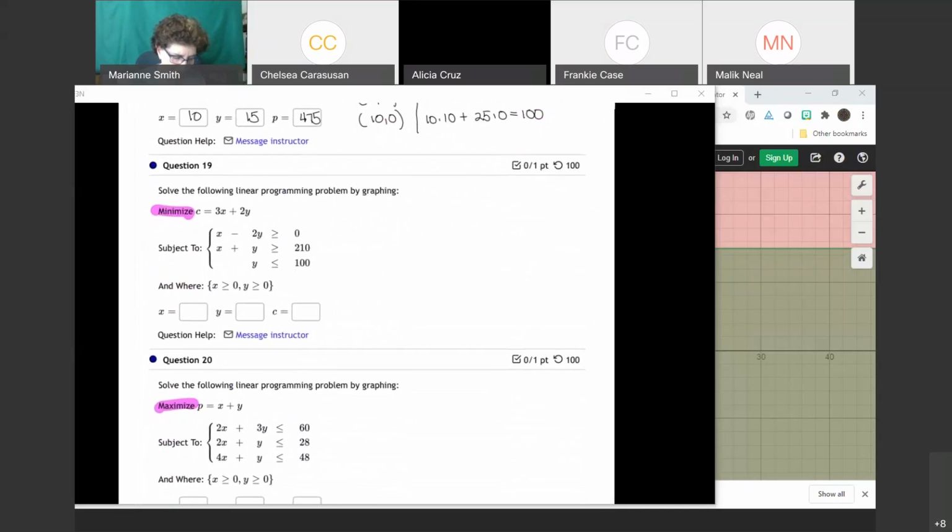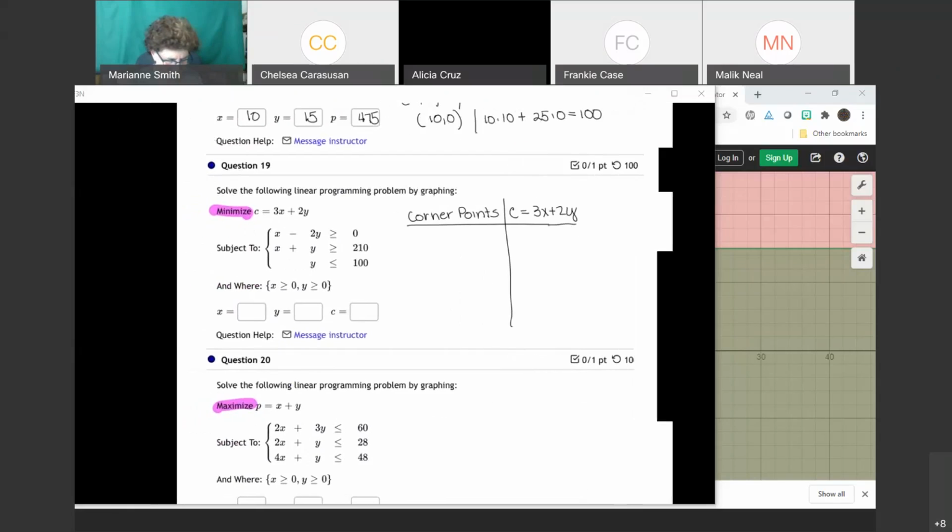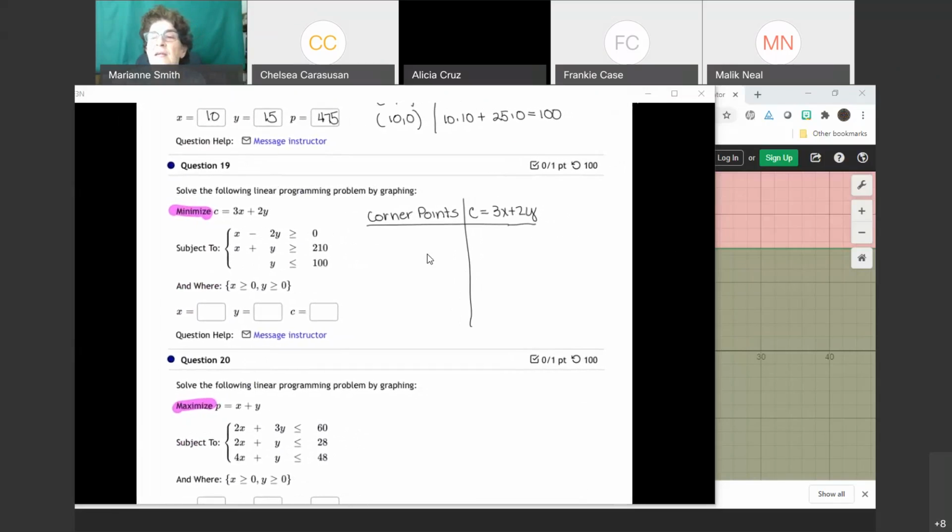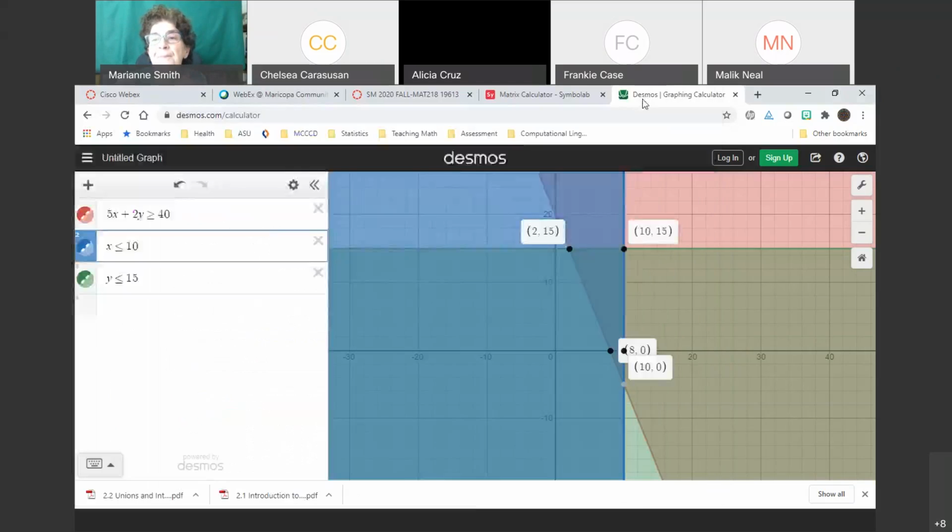I would do the same thing: get the corner points, and then here I would have my C value. I'll just graph the minimization one so you can see how it looks different. I won't bother graphing the last one because it's a maximize and it's the same idea as question 18.